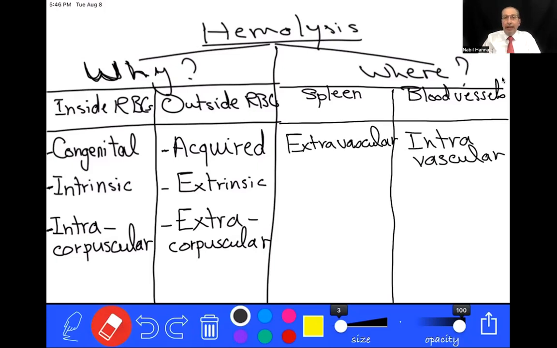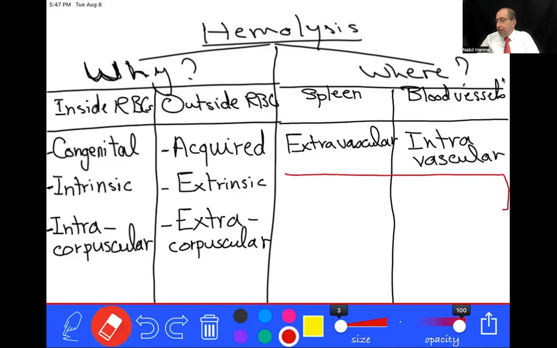Okay, and in all cases, once you have hemolysis, you have the three biochemical markers of hemolysis. These three biochemical markers will occur whether hemolysis is extravascular or intravascular.